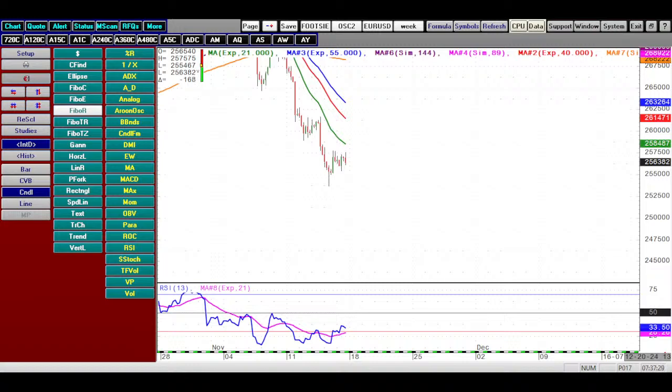So let's see. Okay, this figure right now. What is the gold doing? Let me see. It's already 68. Oh, okay.